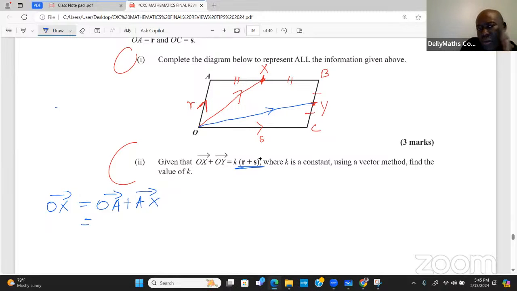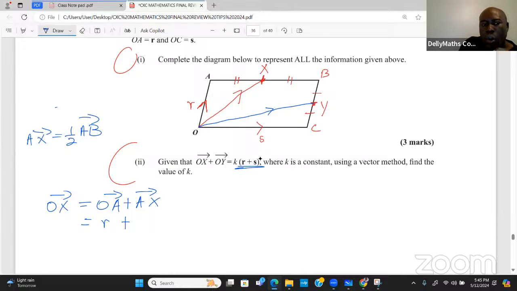I'm going in the same direction for OA. It's R plus, remember now that AX is a half of AB. AB is the same as OC because it's a parallelogram.